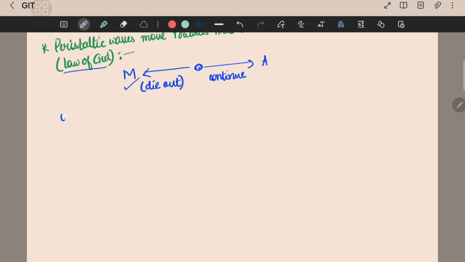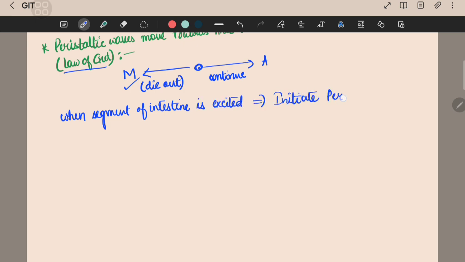Now let me write, when segment of intestine is excited, at that point of time what is happening? This will initiate peristalsis. Okay, and what will happen? There will be a contractile ring causing peristalsis normally begins. So this contractile ring, that is the muscles, causes peristalsis.